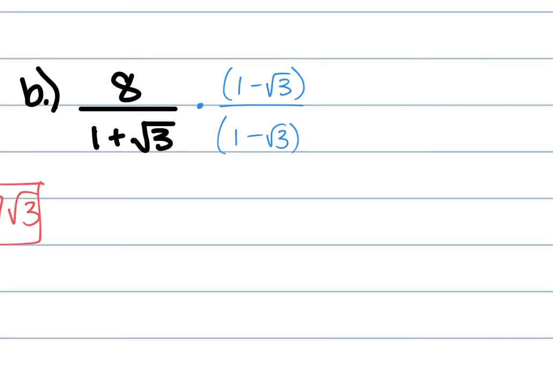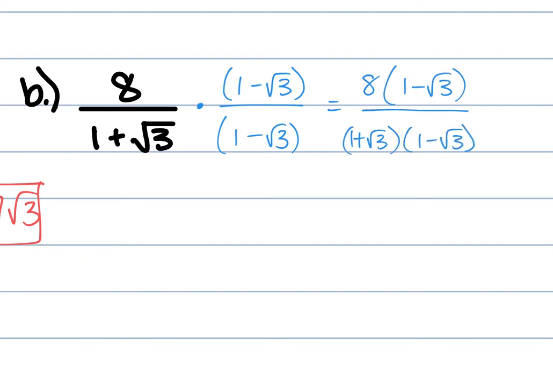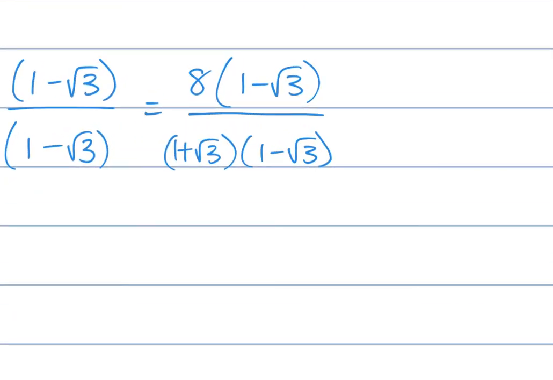All right. I'm going to rewrite this. It's going to be 8 times 1 minus the square root of 3 over 1 plus the square root of 3 times 1 minus the square root of 3. All right, someone take over and tell me what my numerator is going to be.